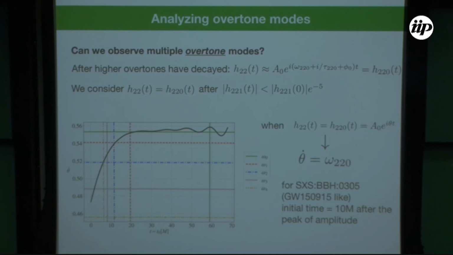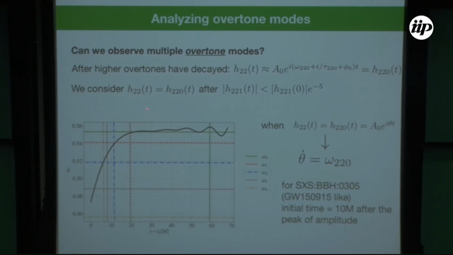When you take the derivative of all of this over time, you're going to get just this. And then we see this plot in the numerical simulations, and we see that it approaches the fundamental mode frequency at some time. Here, you can see this black curve is the numerical simulation of this derivative of the complex frequency.